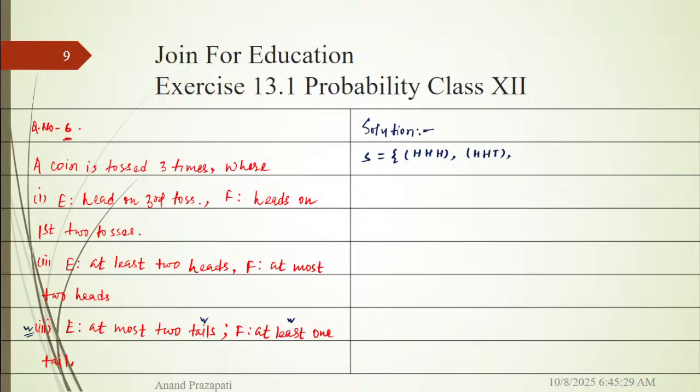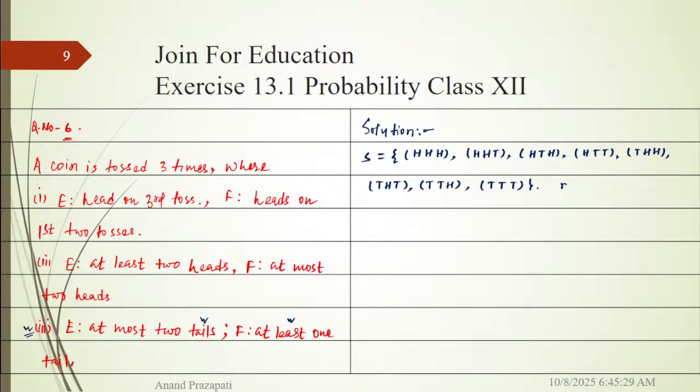HHT, this is the second sample point, and HTH, third sample point, HTT, and THH, THT, TTH, and at last TTT.